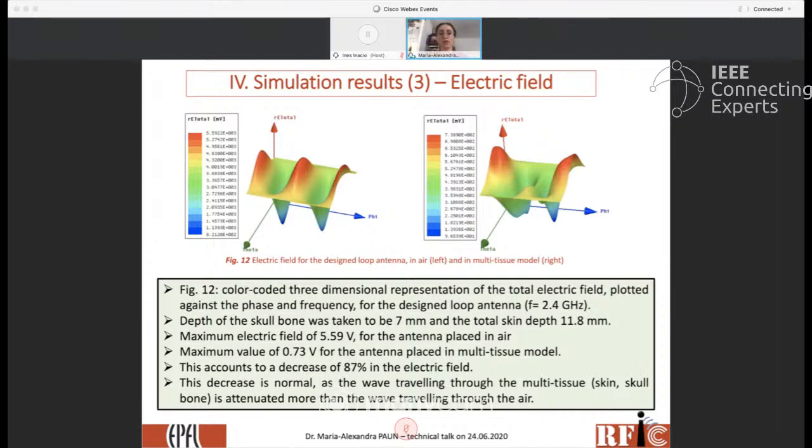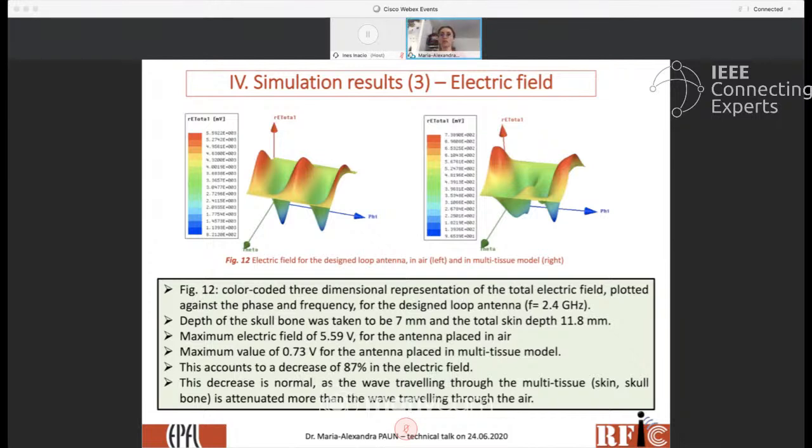You can see that once the signal starts to be transmitted from the outside to the inside, it encounters various media, various tissues, and is therefore attenuated to a certain extent. One could see here how much is being attenuated, quite a lot.